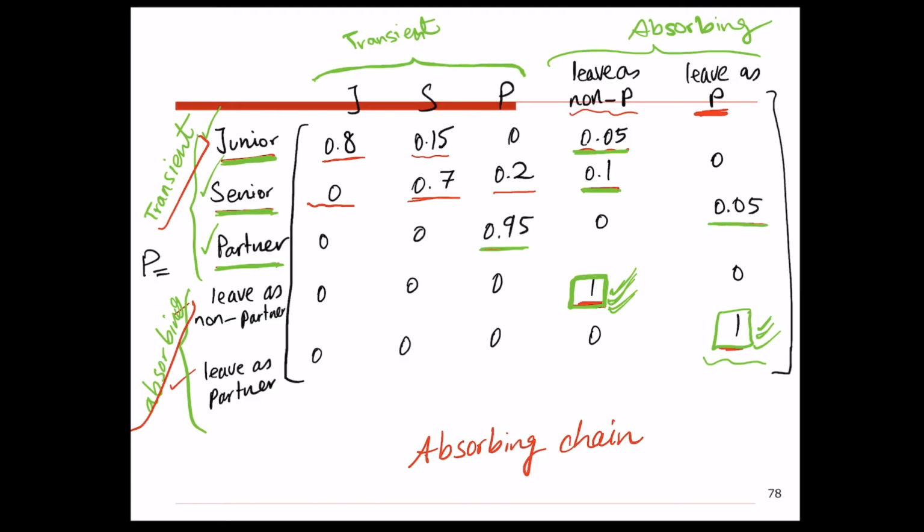I have to list all the transient states on the top and all the absorbing states at the bottom. And this is what the situation is right now, so we are good. We don't need to change anything. All the transient states are listed on the top, all the absorbing states are listed at the bottom, and I'm following the same order for the columns.